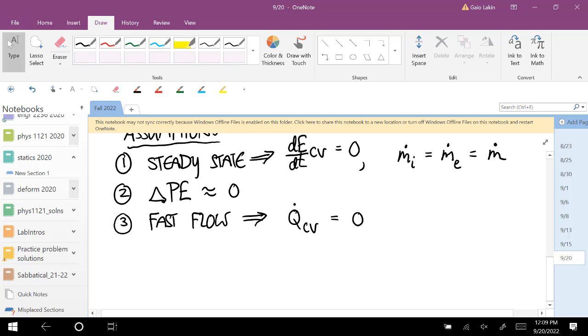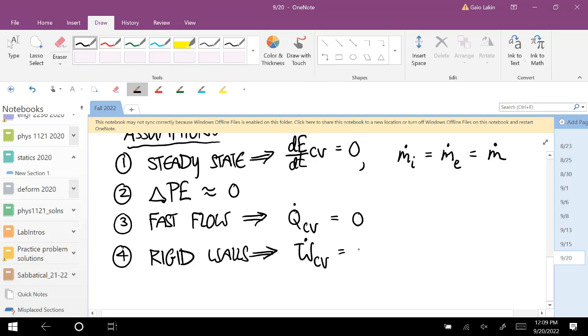And then the last thing we're going to assume is, since the walls are rigid and there's no electricity or anything, it's just a rigid device, there's no work. So W dot for the control volume is 0.